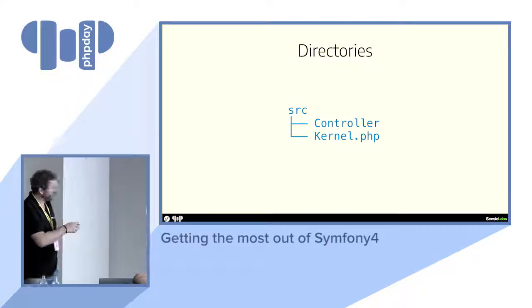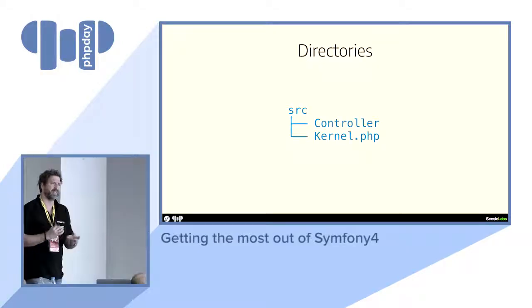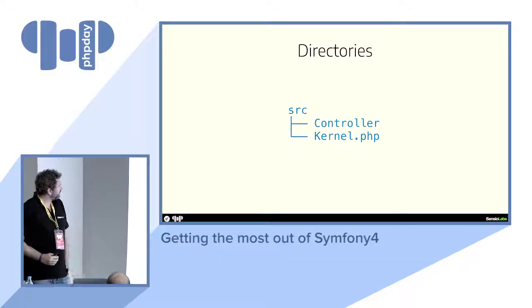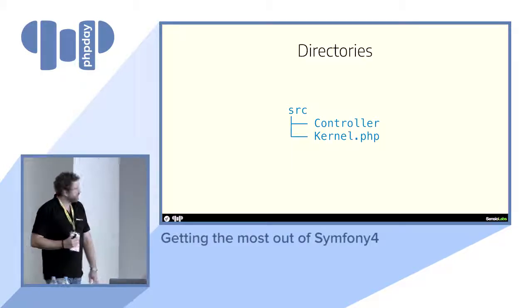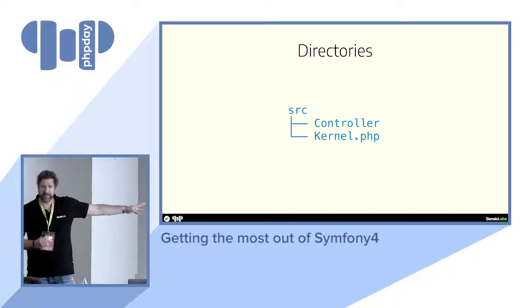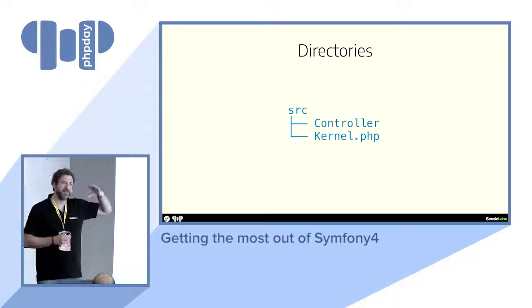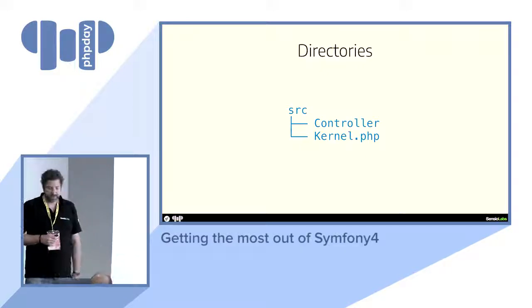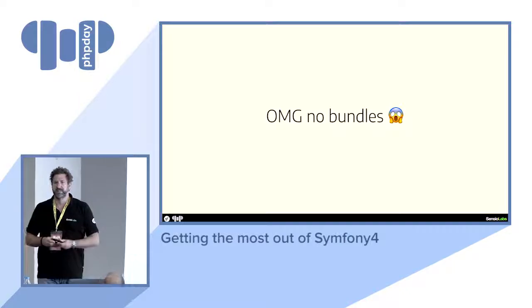Well, we have the kernel now in the source directory, which sort of makes sense. It was always a little awkward having that in the app folder, but so far nothing spectacular. The whole thing, by default at least, is mounted as a PSR-4 to the App prefix namespace. But the main thing is, oh my god, the bundles are gone.